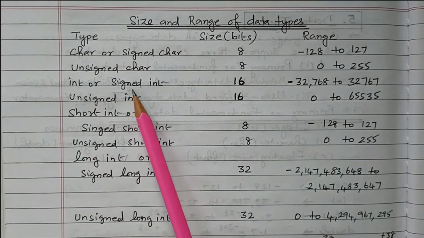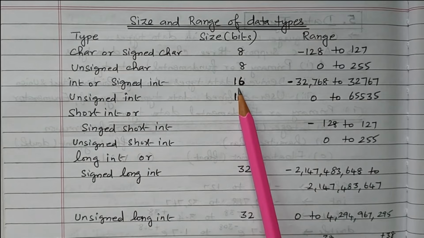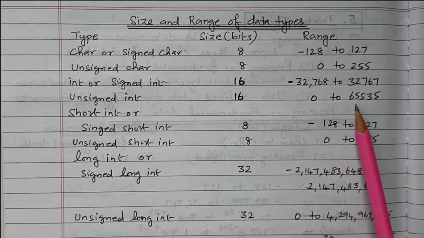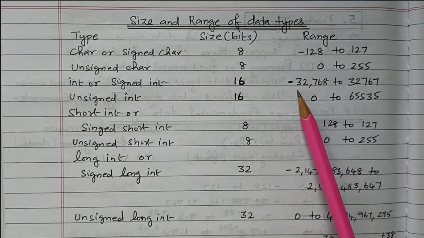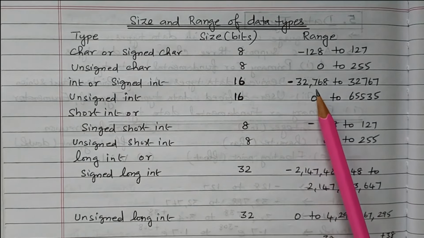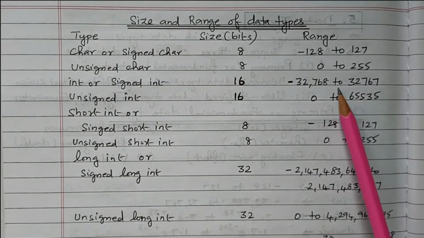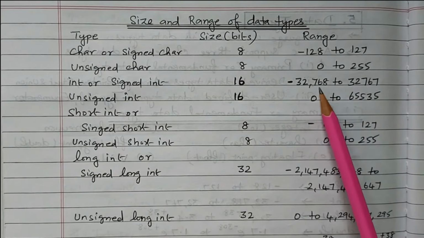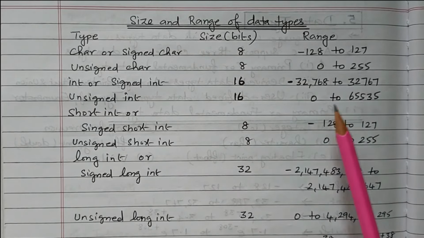Then integer or signed integer is 16-bit data, 2 to the power 16. It is about 65,536, right? But that is divided into 2: minus 32,768 to plus 32,767, right? This 65,536 is split into 2 for negative as well as positive.